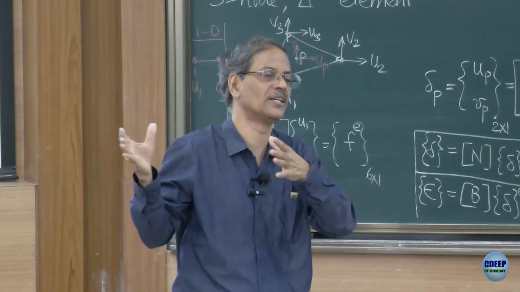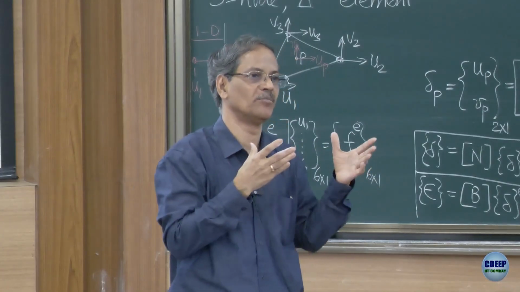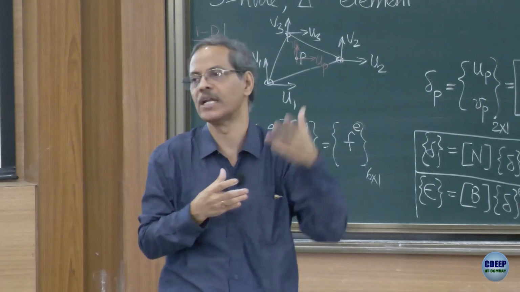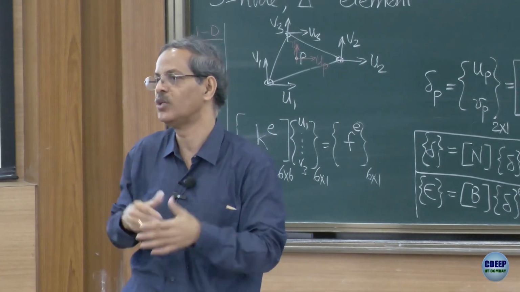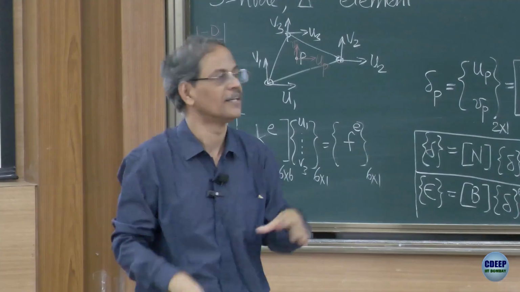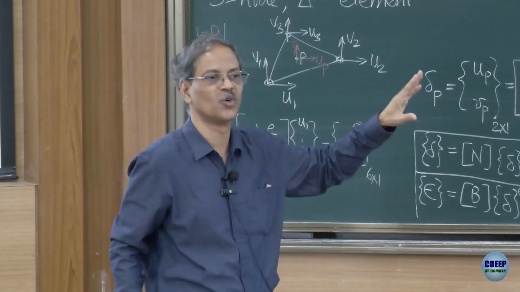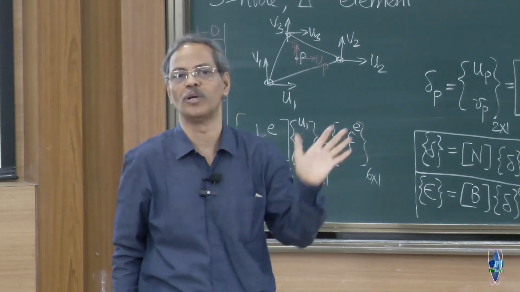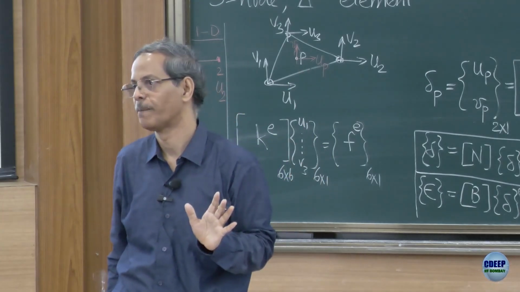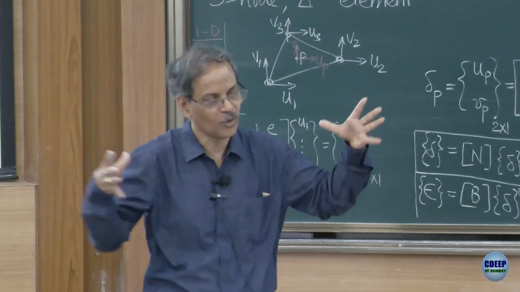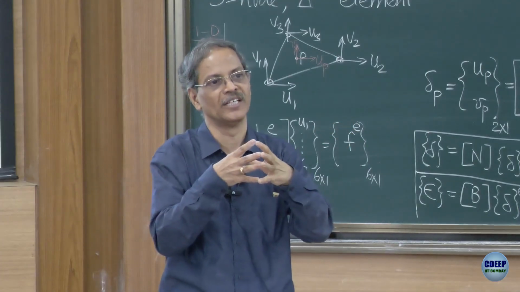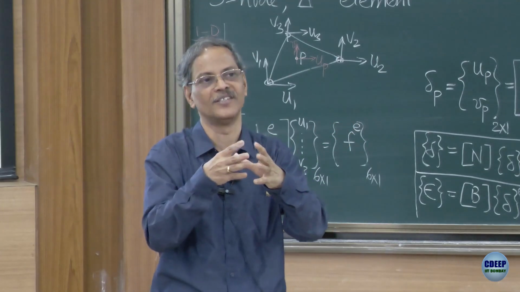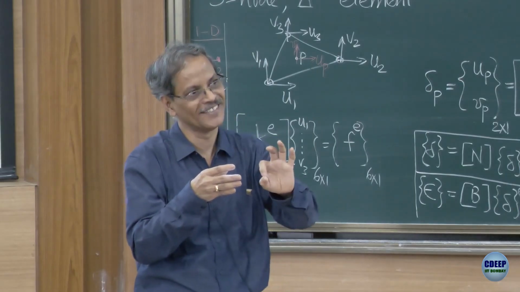So you have to remove that rigid body motion by constraining it, which is done through boundary conditions. Then only you can solve. Mathematically, right now the determinant of this coefficient matrix will be 0. You will not be able to solve it. So you assemble the whole thing for all the elements like we did in the one dimensional case, then substitute the boundary conditions, then you solve.